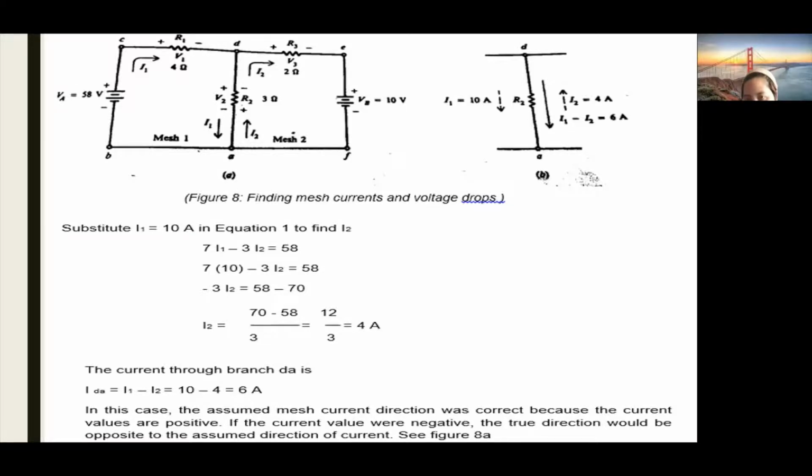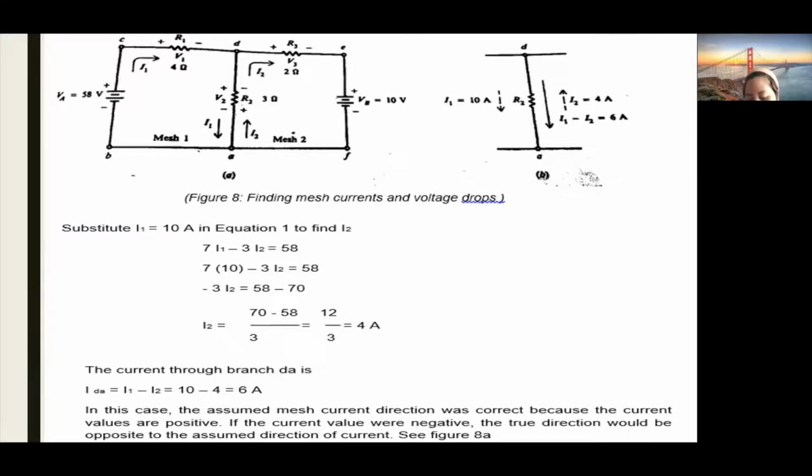Because I1 DA is I1 minus I2, so I'll do 10 minus 4, so it's 6. So in this case, the assumed mesh current direction was correct because the current values are positive. If the current value were negative, the true direction would be opposite to the assumed direction of the current.